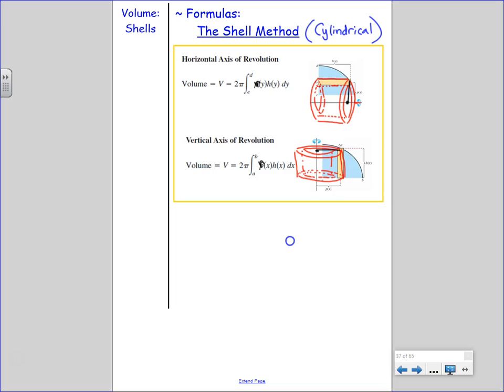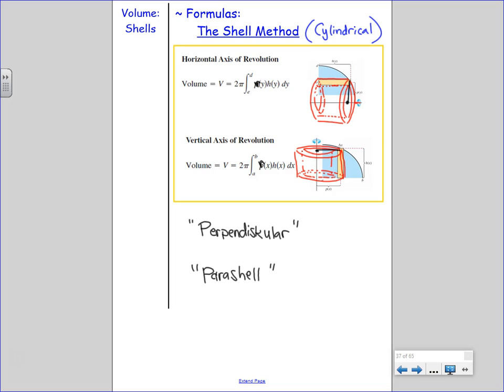And thus, a silly way of remembering it, that I totally stole from some other teacher along the line, is you can think of it as perpendicular for discs and parallel for shells, "para-shell." For shells, it's parallel.